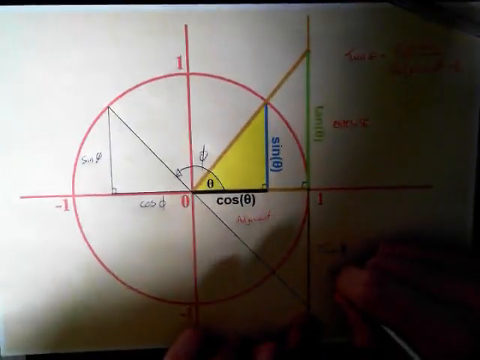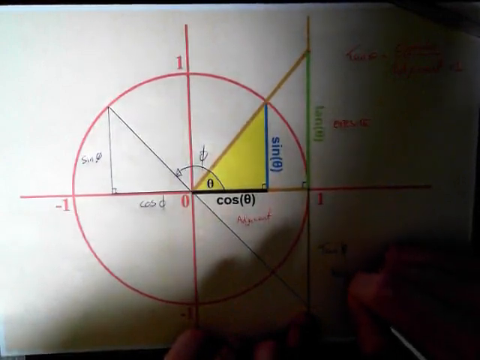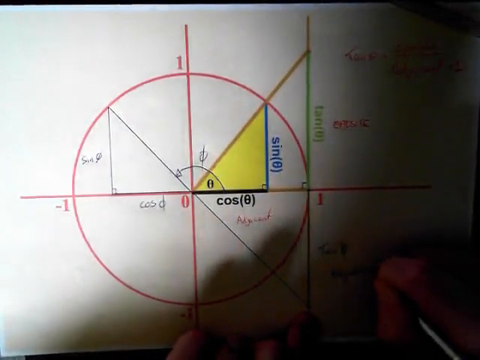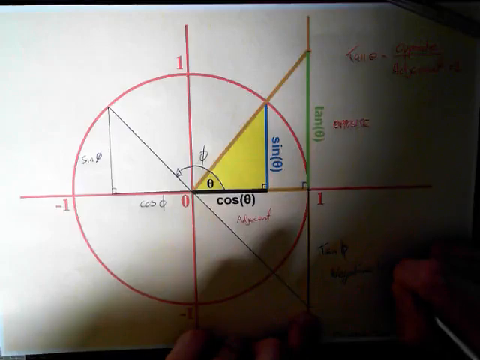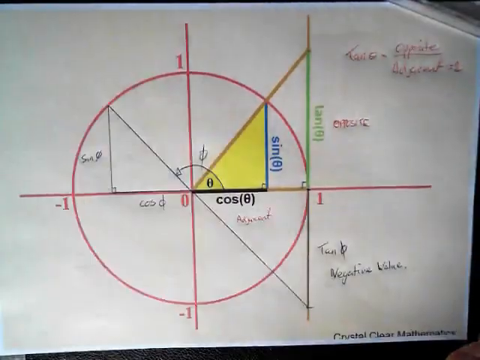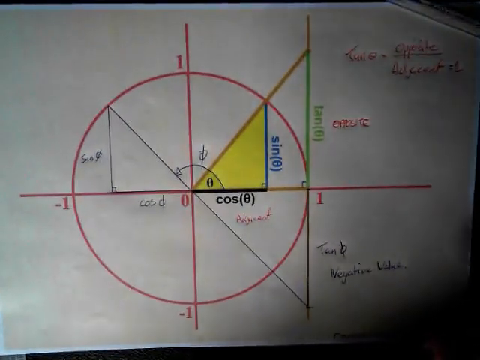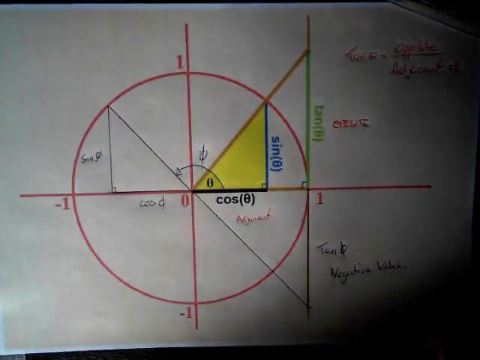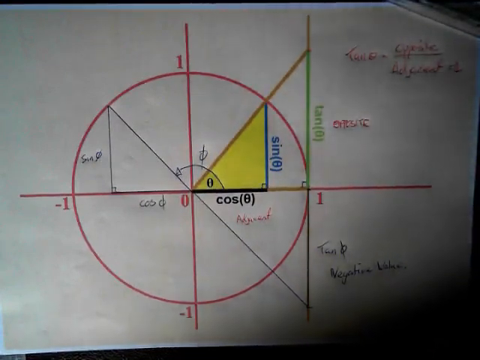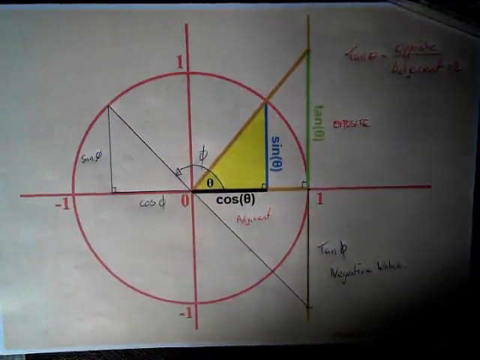So this has a negative value in this case. Okay, it has a negative value. So we've been able to find values for sine, cosine, and tangent.